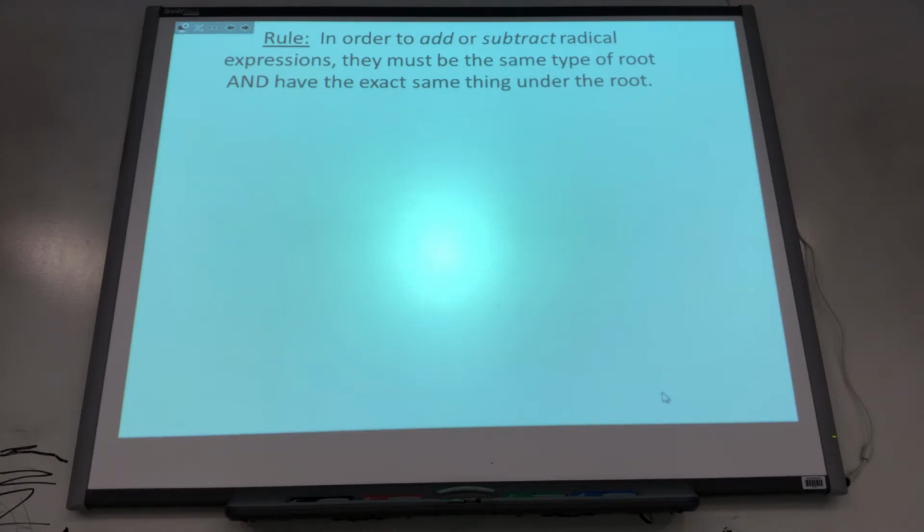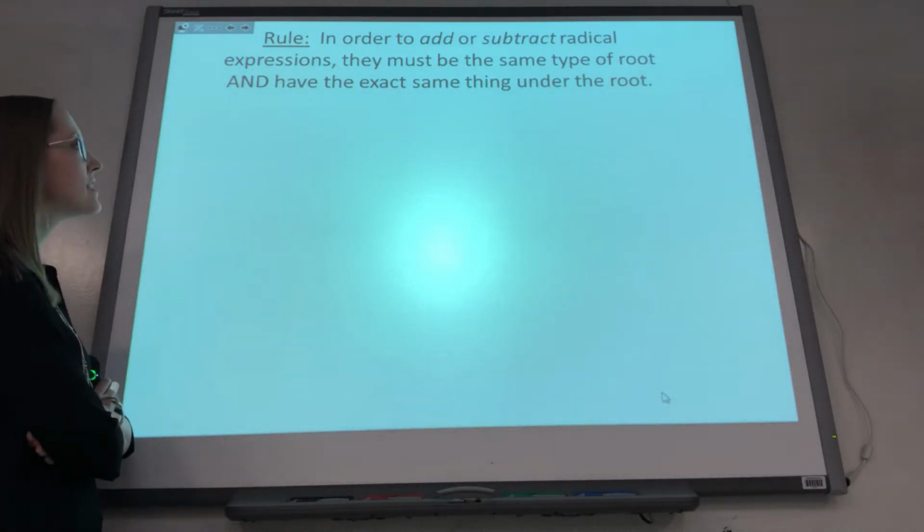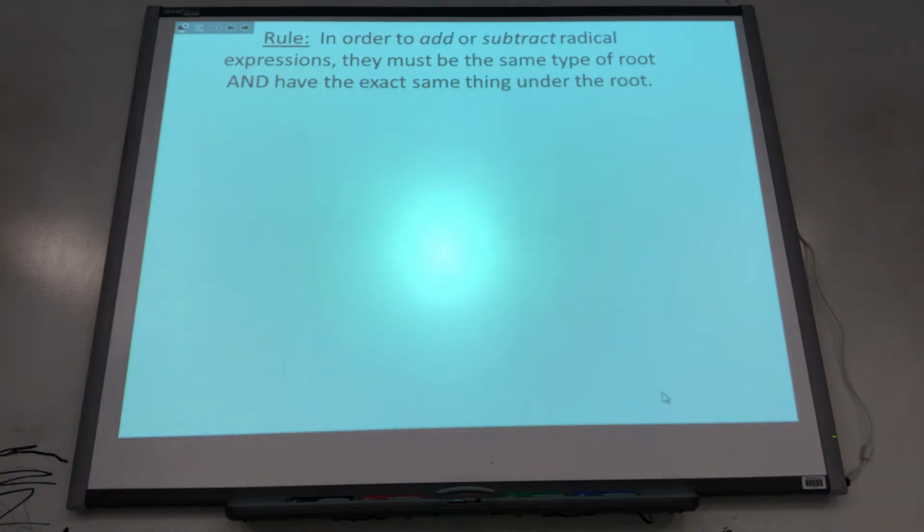It says in order to add or subtract radical expressions, meaning something with a root, they must be the same type of root and have the exact same thing under the root.